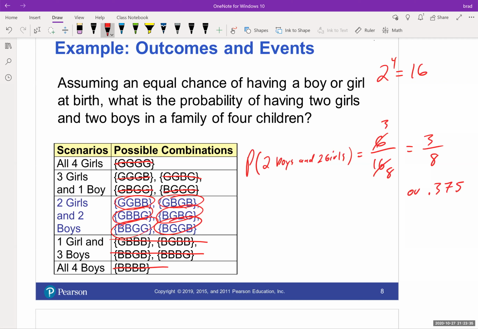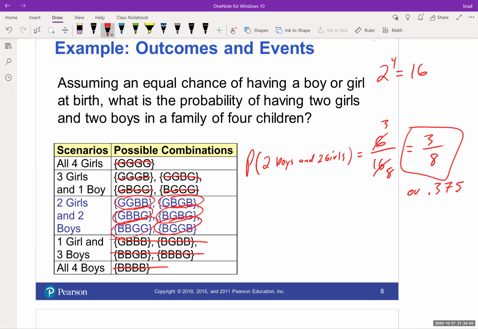So we get 6 out of 16. Okay. Now I think, yeah, I have my notes. There's a typo in them, I guess, but yeah, that would be the answer, 0.375. 6 out of 16 is 0.375.